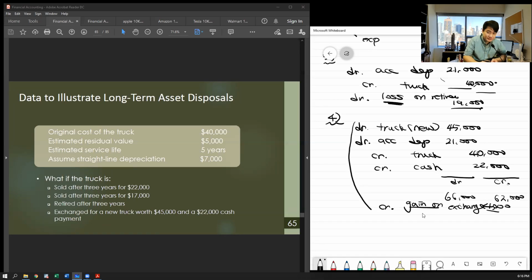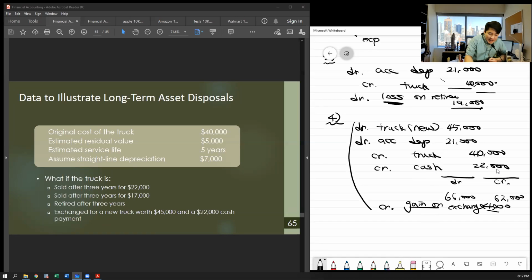Yeah, but I don't see the gain. I'm sorry. You don't see the gain? Debit or credit aside, where's the gain? Basically, in other words, you're selling your old truck for a new truck, right? Yep. Now, in that exchange, in that transaction, how should I phrase this?